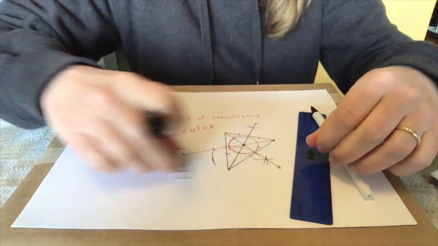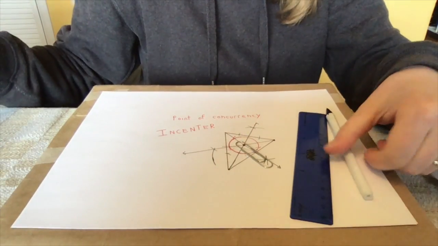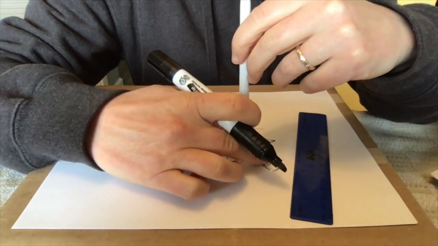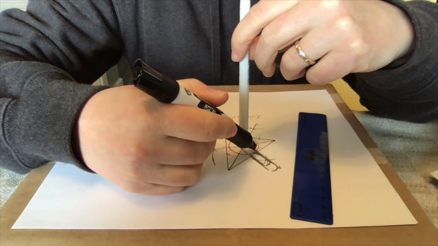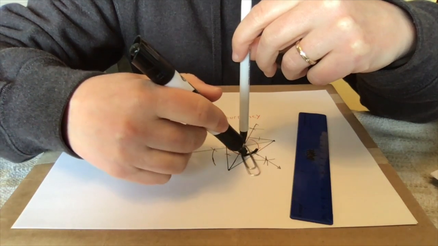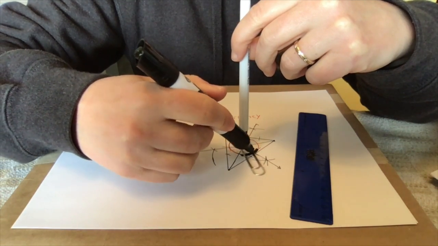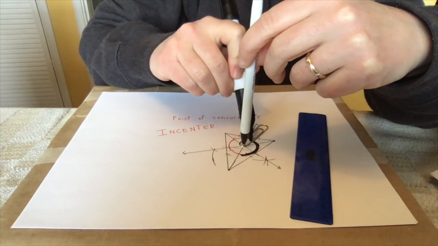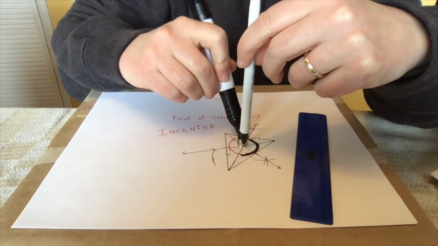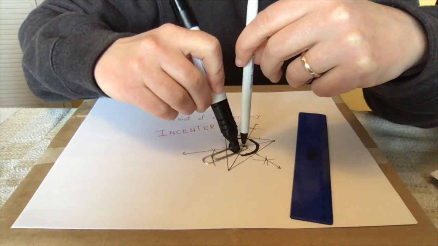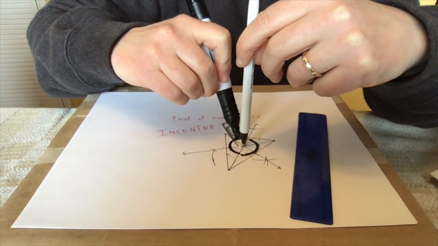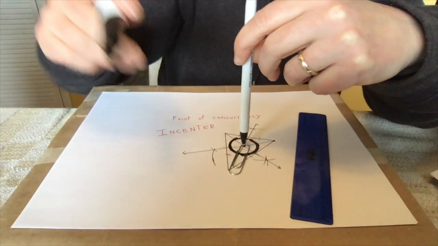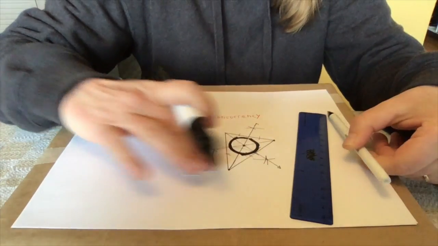It's the center of a circle, and it is equidistant from the sides of the triangle. Not my best construction. These are not perfect, but they are interesting.